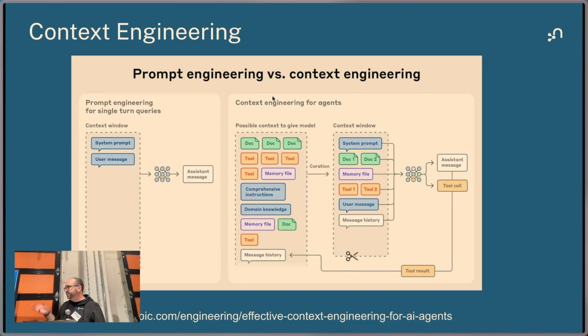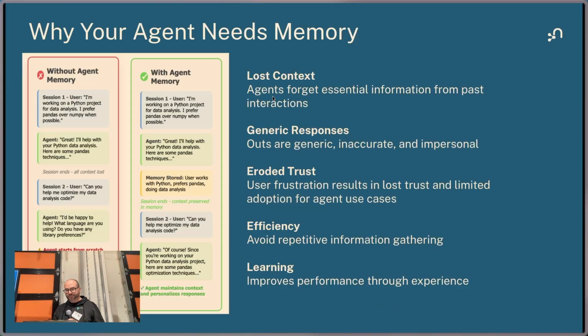But we can't just throw everything in the context window. It can't just be a polluted dumping zone that's not very helpful for the model either. So context engineering is really all about making sure that we have the most relevant and efficient use of our context window.